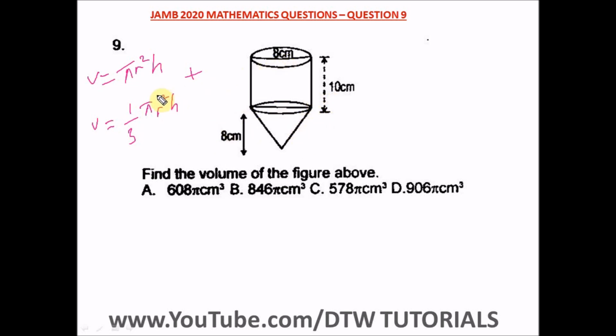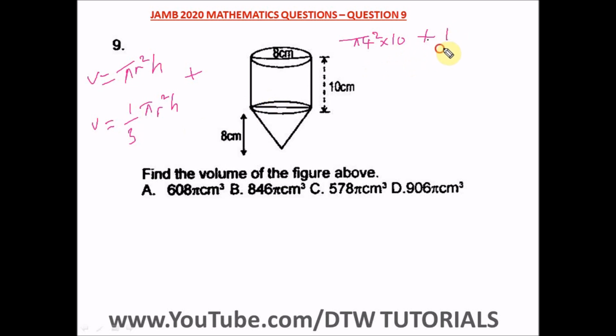So we have pi. What's our radius here? The radius of this cylinder is half of the diameter, which is 8 divided by 2, which is 4. So we have radius as 4 square. The height of the cylinder is times 10 centimeters. So we plus it. Now we come to the volume of the cone. Don't forget 1/3 pi r square.